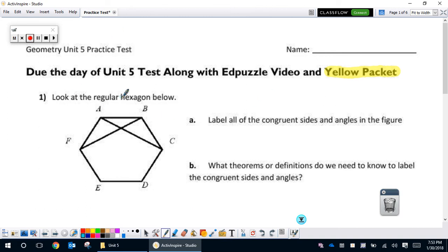Alright, first, number 1, we have a regular hexagon. I would make a note that regular means all sides equal and all angles equal.